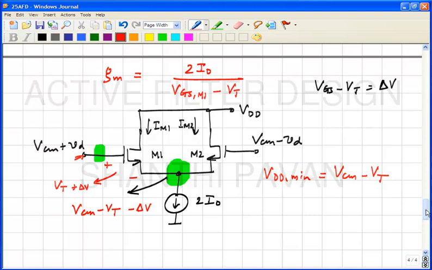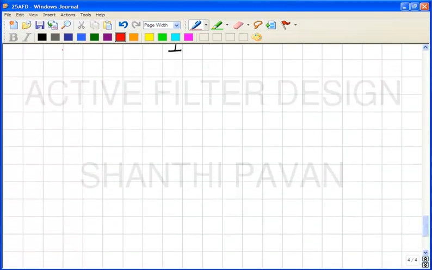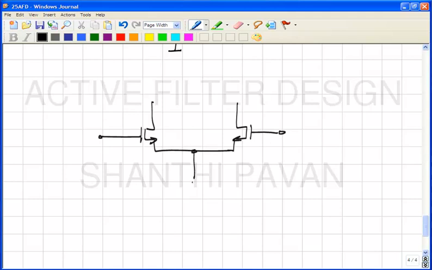Okay. Now, let's get back to our differential pair all over again. This current is VCM plus VD, VCM minus VD. All right.